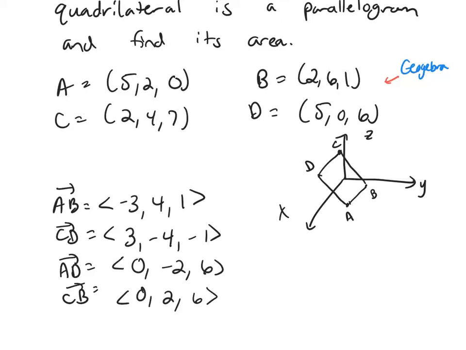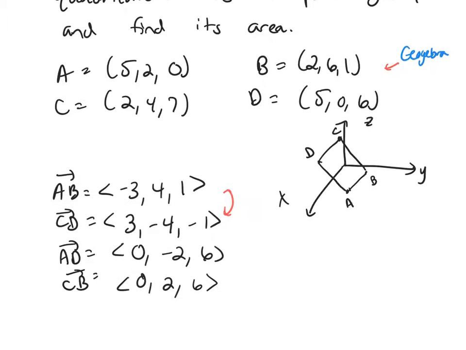So if you notice, for these two here, I just multiply by -1 to get to the other. So these two vectors are parallel. And the same thing here, if I multiply one by -1, I would get the other.